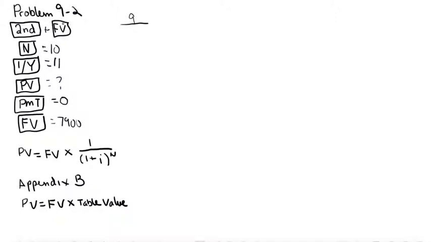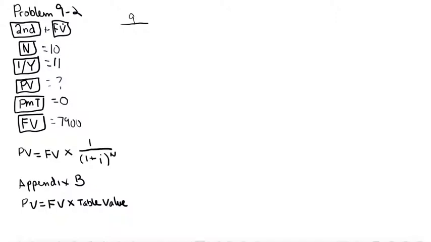Right above the FV button it says clear TVM. That clears your time value of money buttons. Those are programmable buttons; you'll see how they work in a minute. What that does is clear the time value of money numbers that might be in those buttons, and so now you're ready to go. You won't mess up your calculations by accidentally leaving something in one of those buttons.